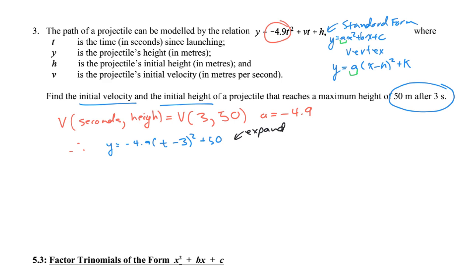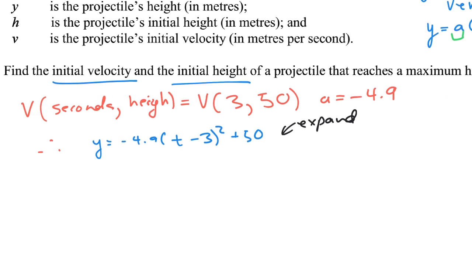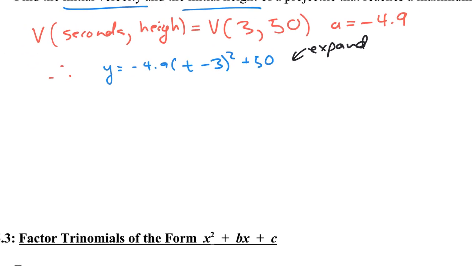So now we're just going to quickly zoom in and make sure we understand what we're doing here. So we're going to end up with the following. y is equal to negative 4.9, and then t minus 3, plus 50. So now what we're going to do is take the bracket and expand it. So we're going to take this and this, multiply it.